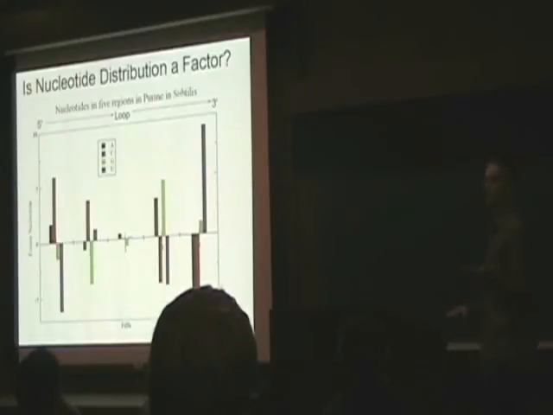So, what property of the sequence led to this? We can perhaps get a little bit of insight by looking at the nucleotide distribution in purine riboswitches in Bacillus subtilis. So what we've done is plotted the nucleotide excess with respect to a uniform distribution of A, C, G, and U along the hairpin. And in fact what we see is that cytosine has this kind of nice taper where it's depleted towards the 3' end of the terminator hairpin, and there seems to be some excess of it towards the 5' end.